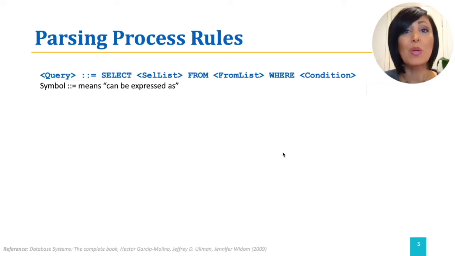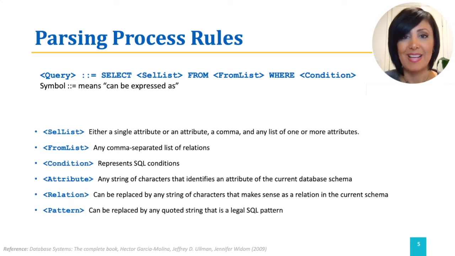So, we define the rules for select list, from list, condition, attribute, relation, pattern, and so on. For example, a select list is either a single attribute or an attribute, a comma, and any list of one or more attributes. For example, in a SQL query, select name from students, the select list is name. From list can be any comma-separated list of relations.